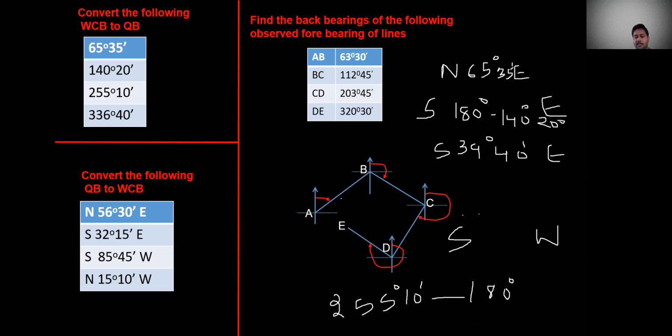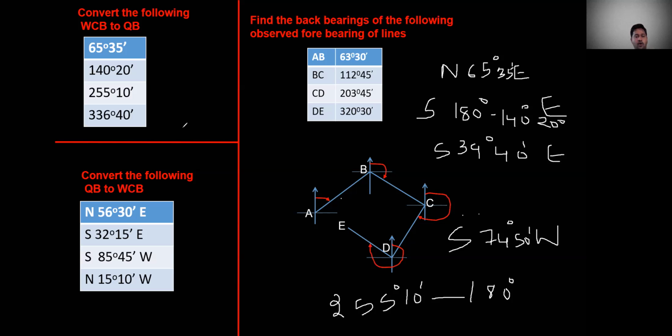If you subtract this, the value is 75, that is 74 degrees 50 minutes. That is my third coordinate value.